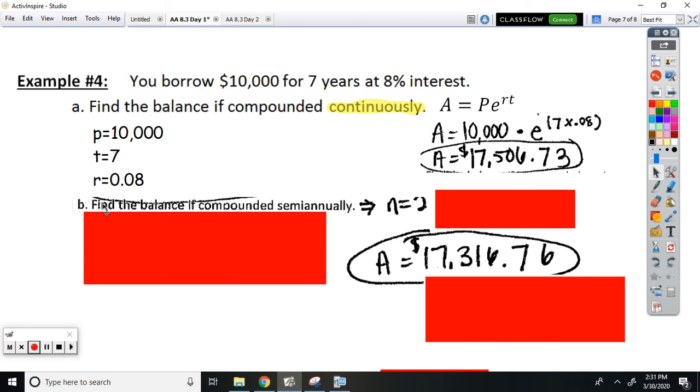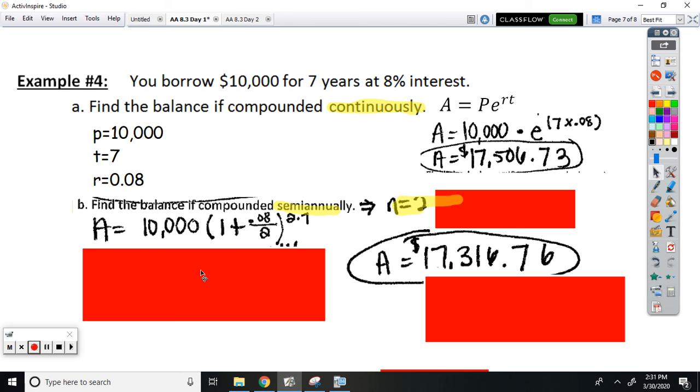Part B says the same scenario, P is 10,000, T is 7, R is 0.08, but this time it's being compounded semi-annually. Semi-annually tells us that our N value is 2. So in this case, I'm using the old formula, which is P times 1 plus R divided by N to the NT power. So 10,000 times 1 plus 0.08 divided by 2 to the 2 times 7 power.